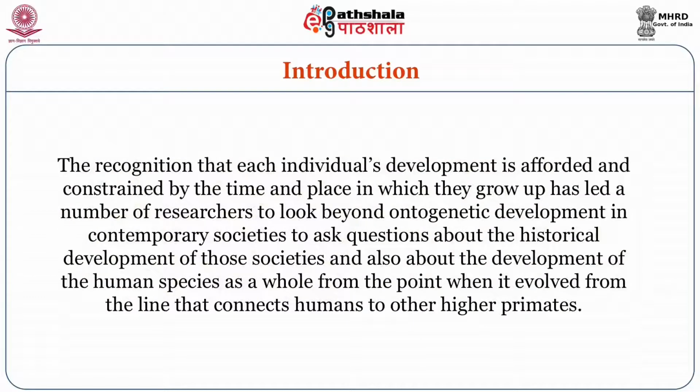The recognition that each individual's development is afforded and constrained by the time and place in which they grow up has led a number of researchers to look beyond ontogenetic development in contemporary societies to ask questions about the historical development of those societies and also about the development of the human species as a whole from the point when it evolved from the line that connects humans to other higher primates.